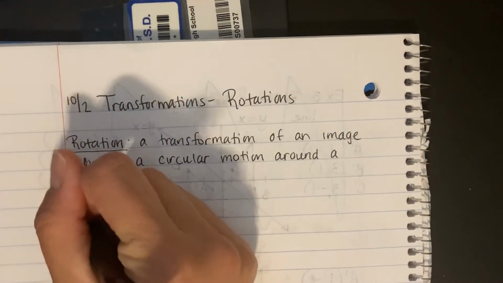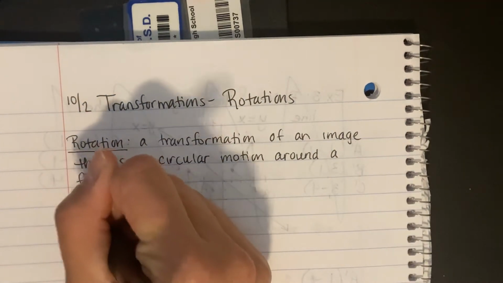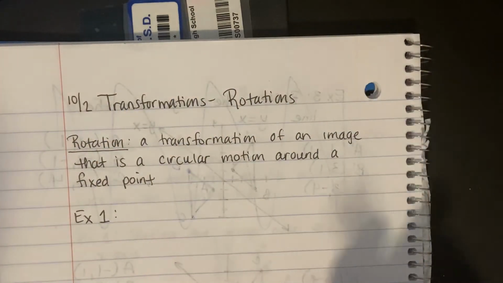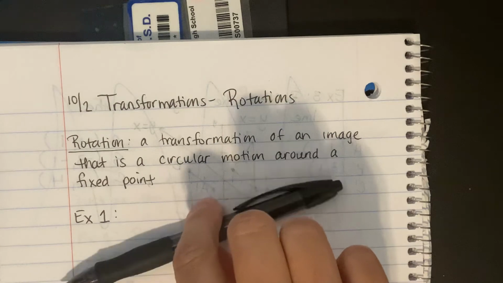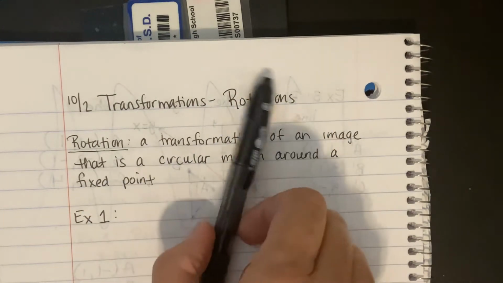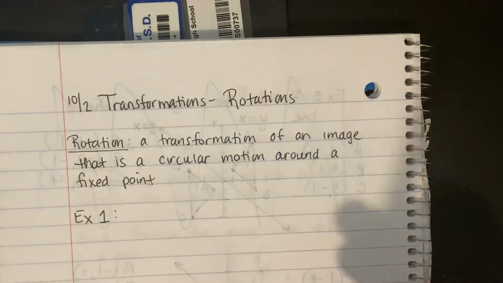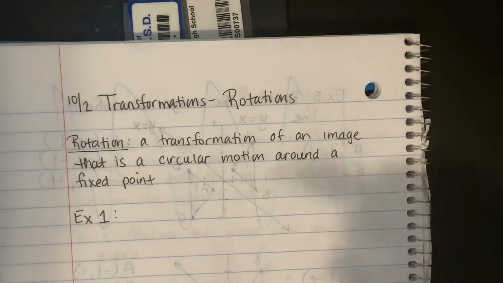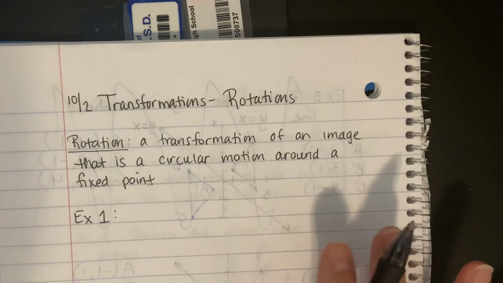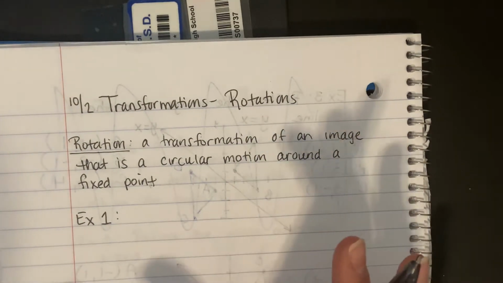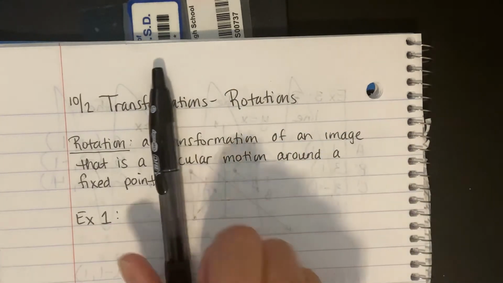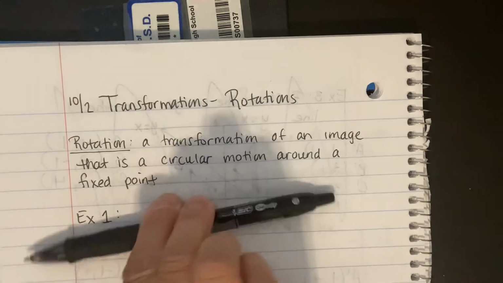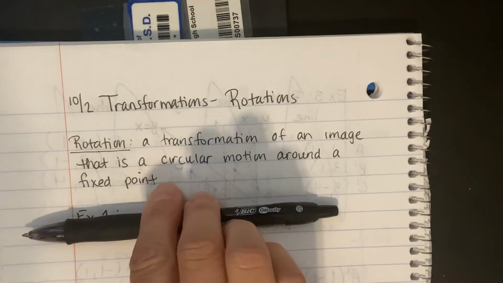So example 1. Now, there's 2 ways you can rotate. You can rotate clockwise, just the way a clock goes, to the right, or counterclockwise, which would be this way. So you have to pay very close attention to what it's saying. There's 4 degrees that it will rotate. So 90 degrees is like if you're turning to the side.